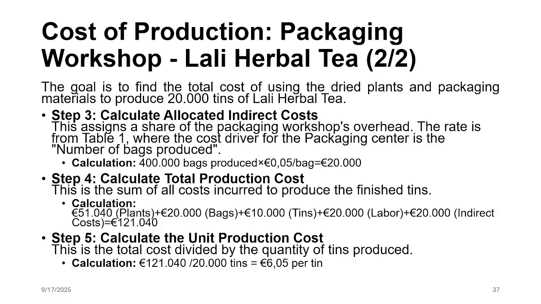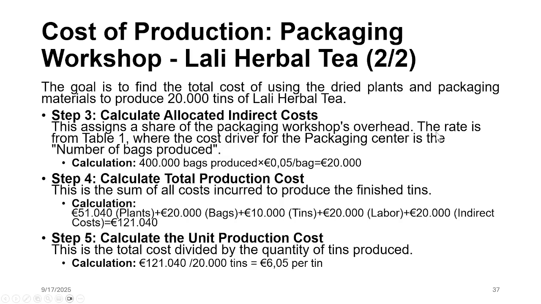And now we will calculate the indirect cost, and also the total production cost and the unit production cost, right? In order to allocate the indirect cost, we have to remember that this assigns a share of the packaging workshop overhead, because in the packaging workshop we have two products, so we assign the share of cost to Lily Herbal Tea.